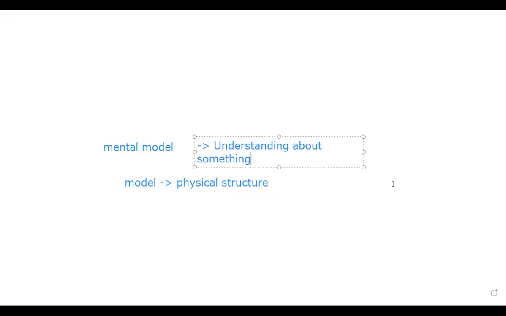The mental model helps us to understand, and this understanding varies from one person to another. It is not fixed. At the beginning of this lecture you may have one understanding, but at the end of the lecture you will have another understanding. So every moment in our life, our understanding will change.